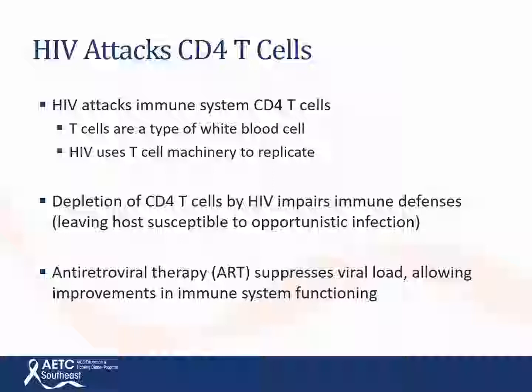So over time, what we see is more and more copies of virus circulating and fewer CD4 T cells. Now, once a person loses T cells, their immune system weakens and they become increasingly susceptible to many opportunistic infections. Antiretroviral therapy works because it stops the virus from replicating, suppressing HIV viral load, which allows for improvements in immune system functioning.